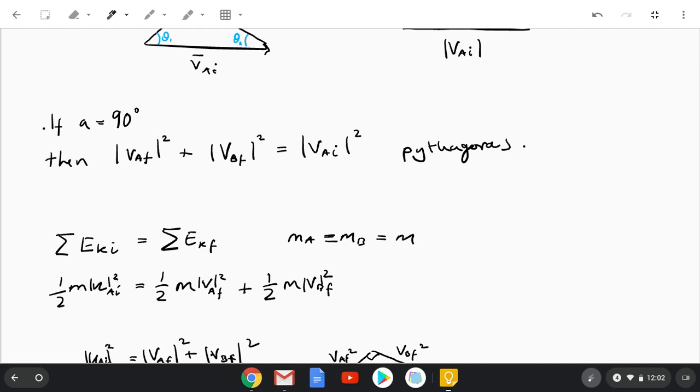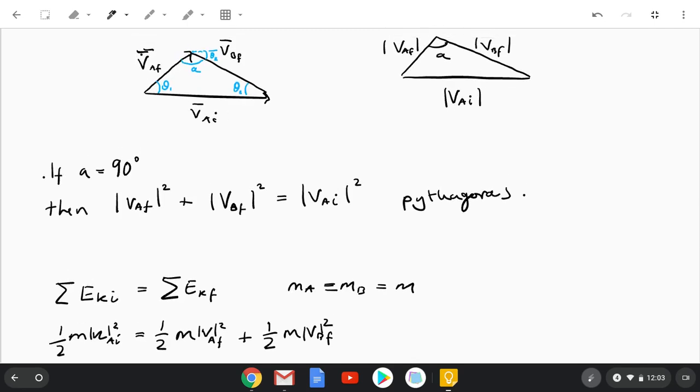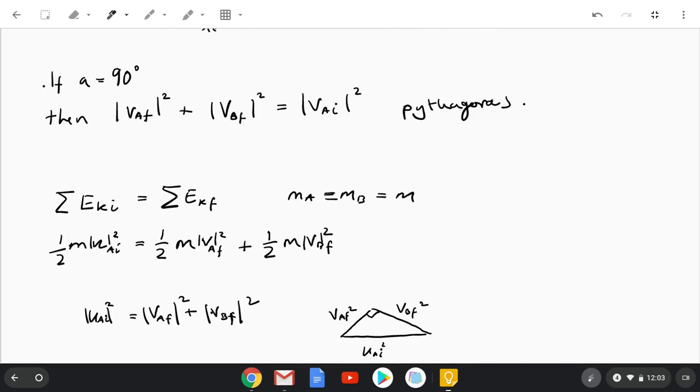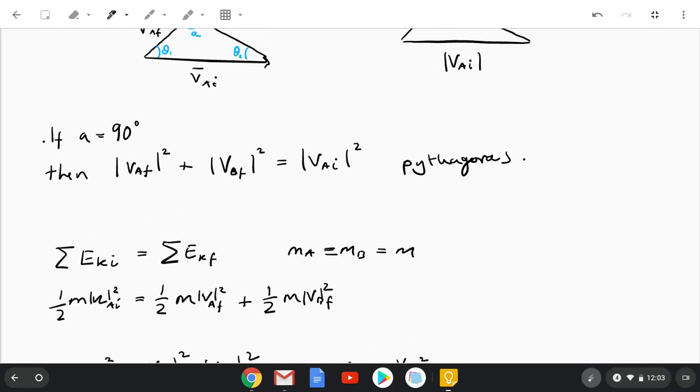Now we notice that the halves cancel on both sides, the m's cancel, and what we're left with is that the velocity before the collision squared equals the velocity of A after the collision squared plus the velocity of B after the collision squared. Now that is Pythagoras.